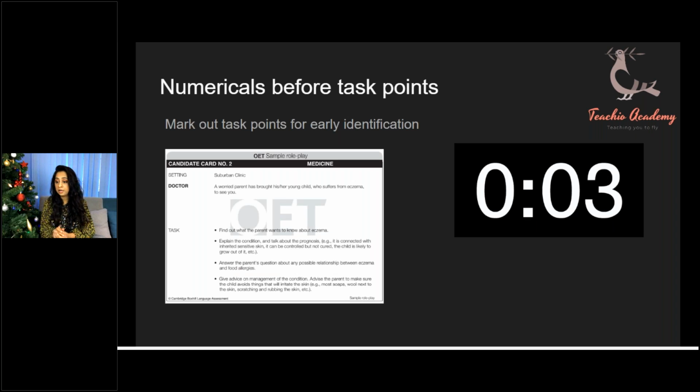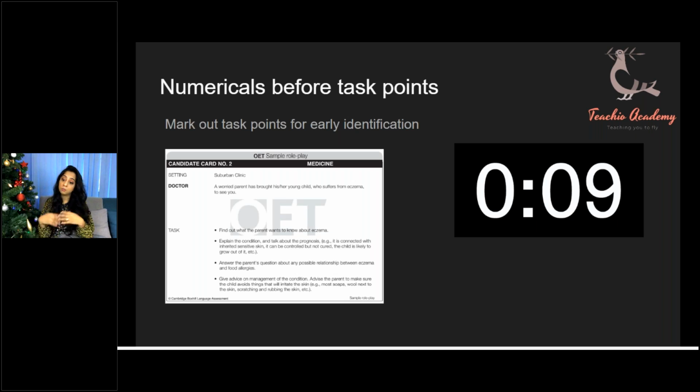Sometimes what happens is that some students get stuck on one point. For example, in this scenario, if you just get stuck on the relationship between eczema and food allergies, and you've gone on a very long lecture about it, which lasted about 2.5 minutes.